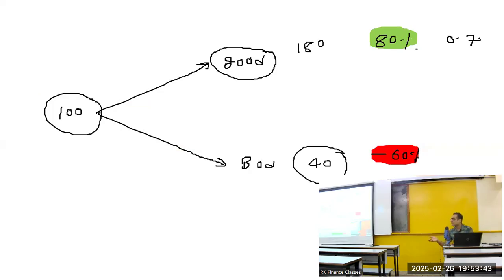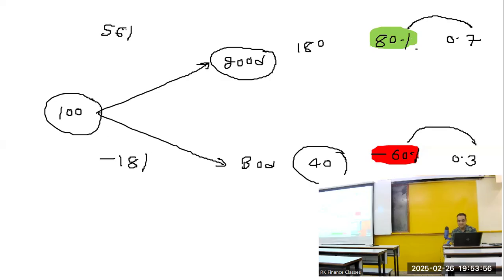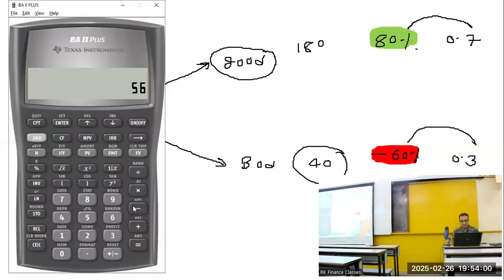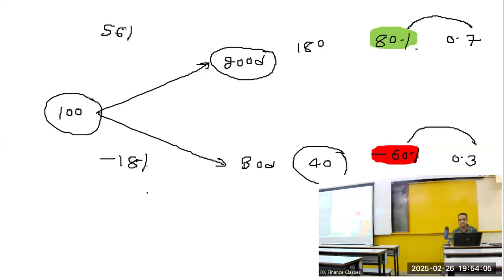Good होने का chance 70% है तो bad होने का chance है 30%. And then we multiply this 80 into 0.7, that is 56%, and minus 60 into 0.3, that is minus 18%, and 56 minus 18. So return you can expect is around 38%.